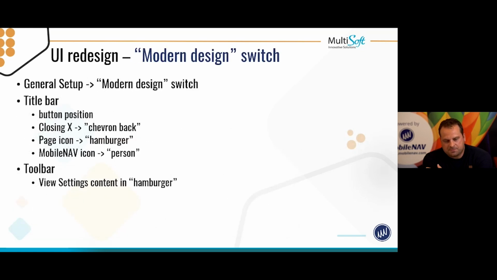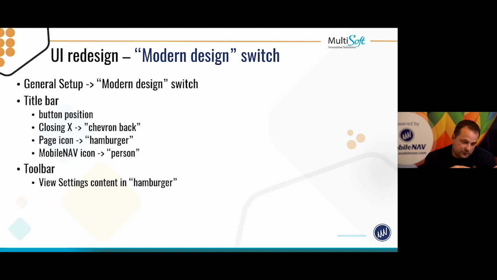And finally, as promised, certain things will depend on this modern design switch, which is available centrally in the MobileNAV general setup. That modern design switch will indicate whether you would like to have this chevron back and hamburger icon in the MobileNAV design.